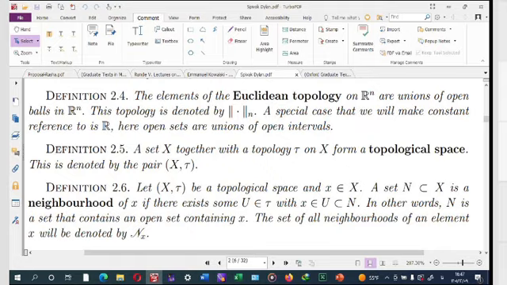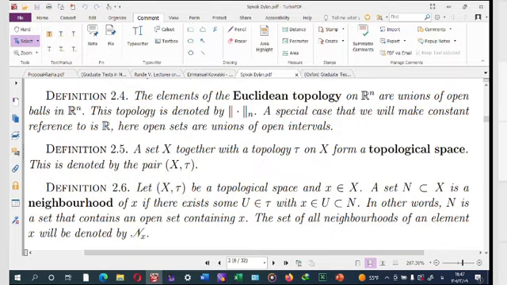So n is called a neighborhood of x if we have an open subset of X, such as U, such that x lies between U and n. x belongs to U and U is a subset of n.